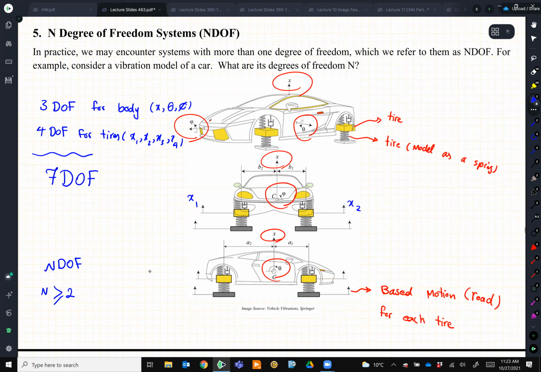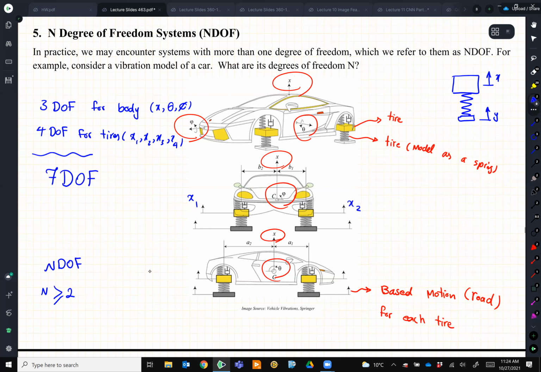Yes. So the base motion doesn't count as extra degrees of freedom? No, that's just an external excitation, right? Remember, for a 1 degree of freedom system, you have the same. When we have a 1 degree of freedom system, you have the base motion, and this is x.